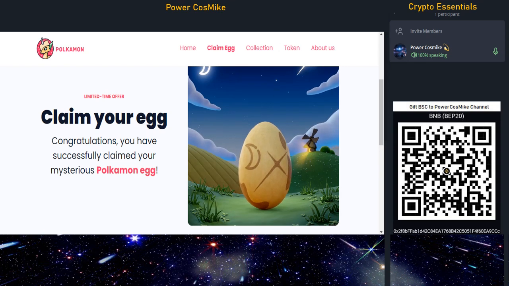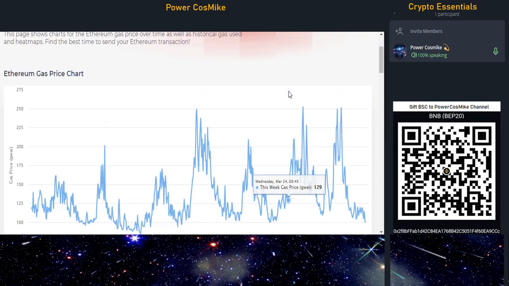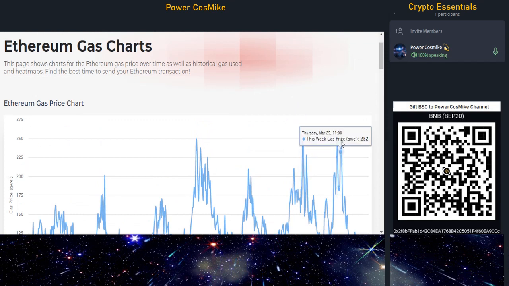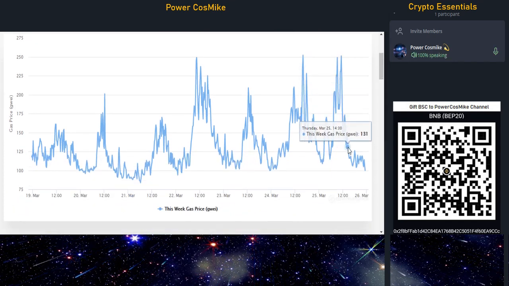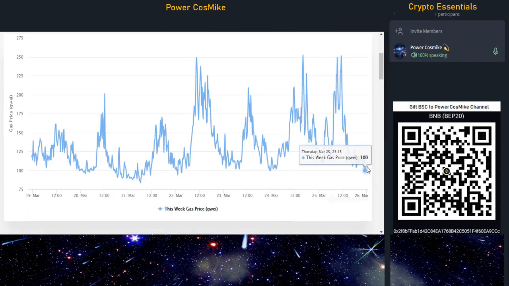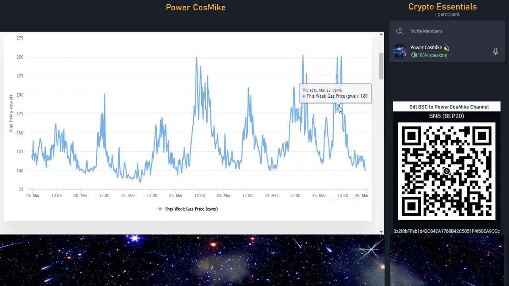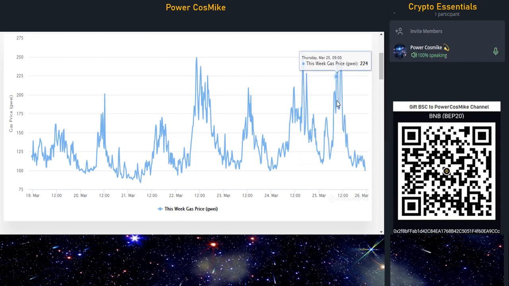But if I had done it earlier in the day, when the gas prices were higher, in the middle of the day, you got this $200 gas price, you could pay quite a bit more. It would have been close to triple, so you'd have been paying something like a $30, $40 gas fee for the exact same transaction. So be mindful of that.